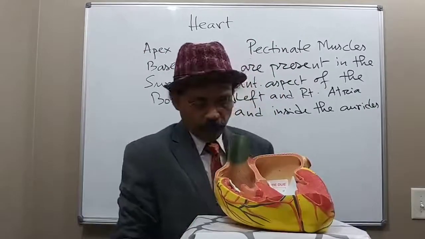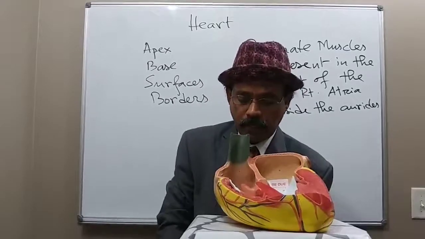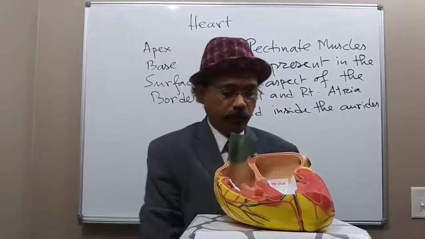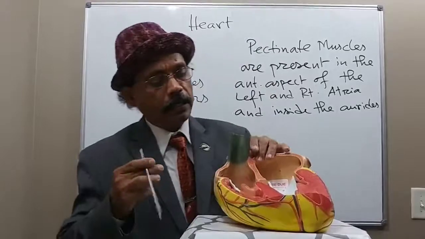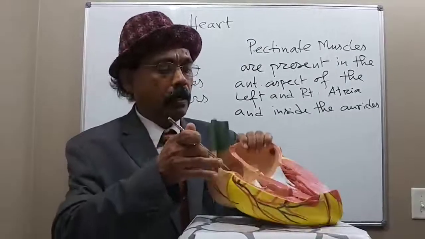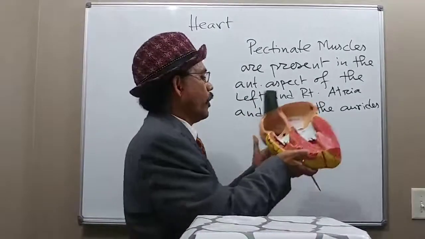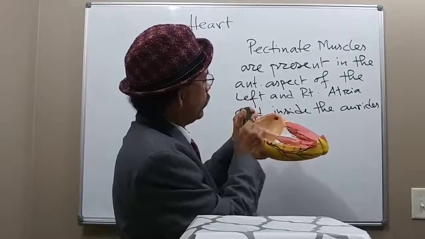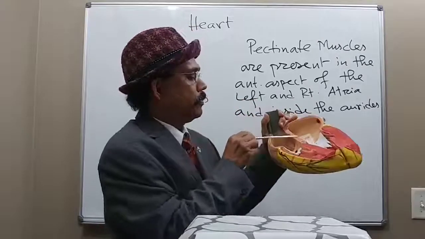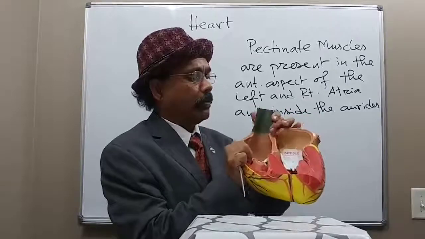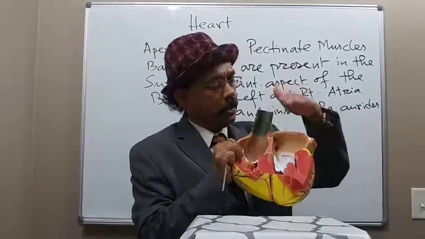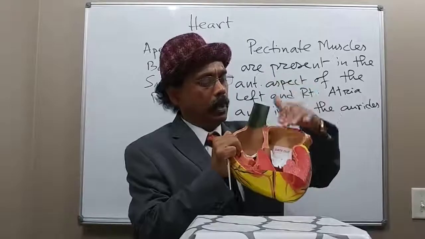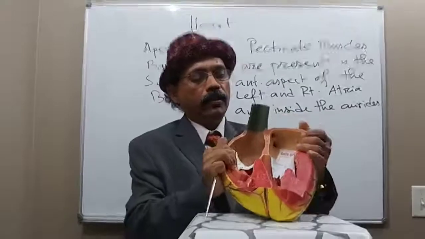Okay, so if you go to the right atrium, then we'll also find the fossa ovalis. Here, this is the interatrial septum. The interatrial septum is the septum between the right atrium and left atrium.